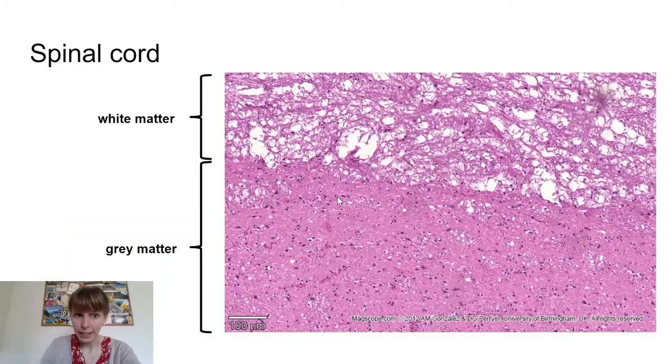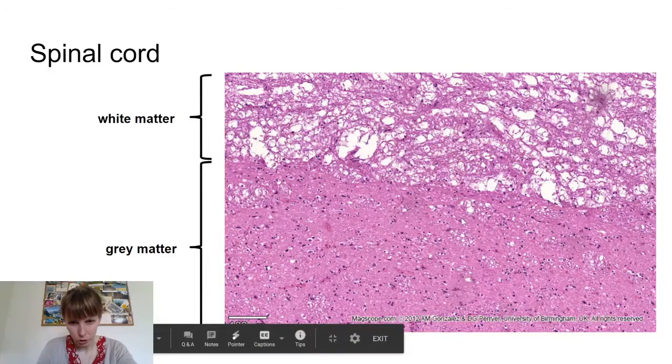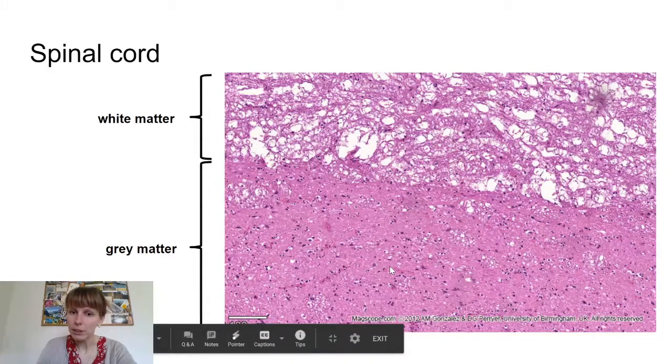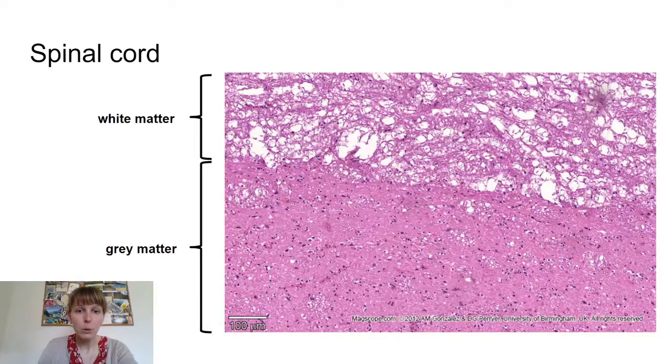So let's start. The difference between the gray and white matter will be pretty clear in the case of spinal cord. Again, the gray matter will be more homogeneous, more pink, and it will have many cell bodies. However, not every time will they be the huge motoneurons. They are only in one part of the spinal cord. And the white matter will have more white empty spaces.